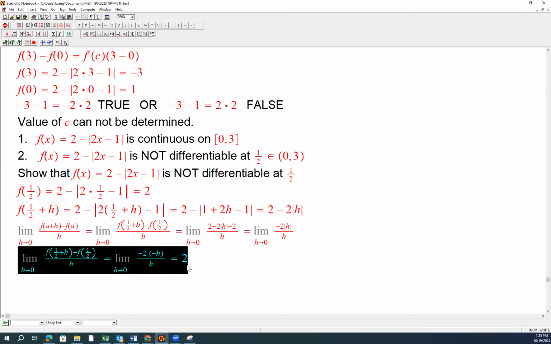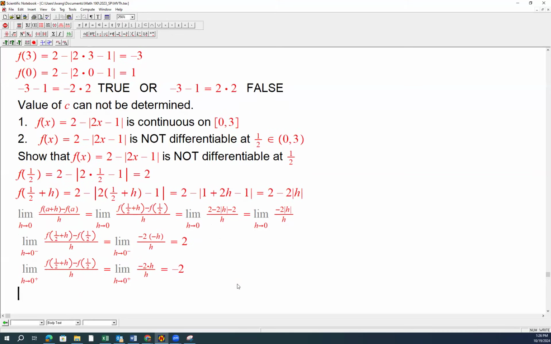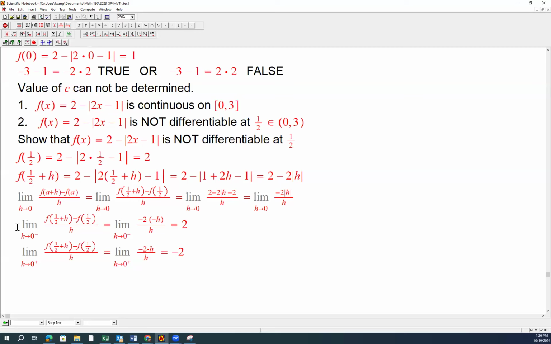And the limit approaching from the other side, from larger than 0 side, right? And we put this back in again. H is positive, the absolute value of h is the same as h. So this is going to be equal to -2, right? And therefore, what do we say?